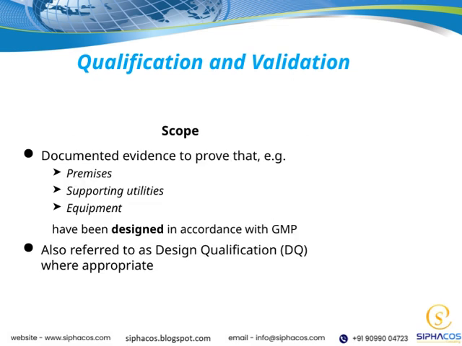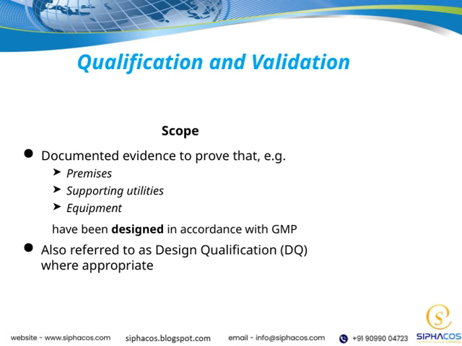Let's talk about the scope of our validation process. Essentially, we're looking for documented evidence that certain key components have been designed following good manufacturing practice, or GMP. This includes things like premises, supporting utilities, and equipment. It's important that we have clear documentation proving that these elements are in line with GMP standards.